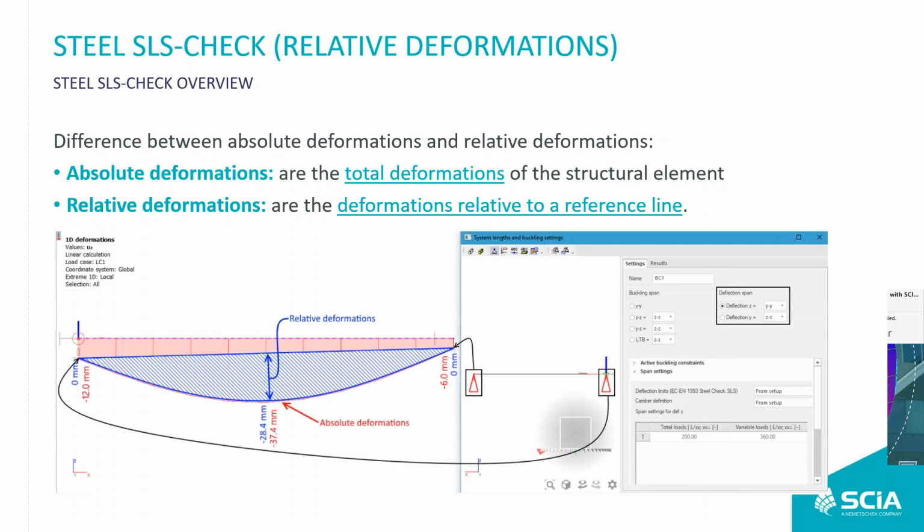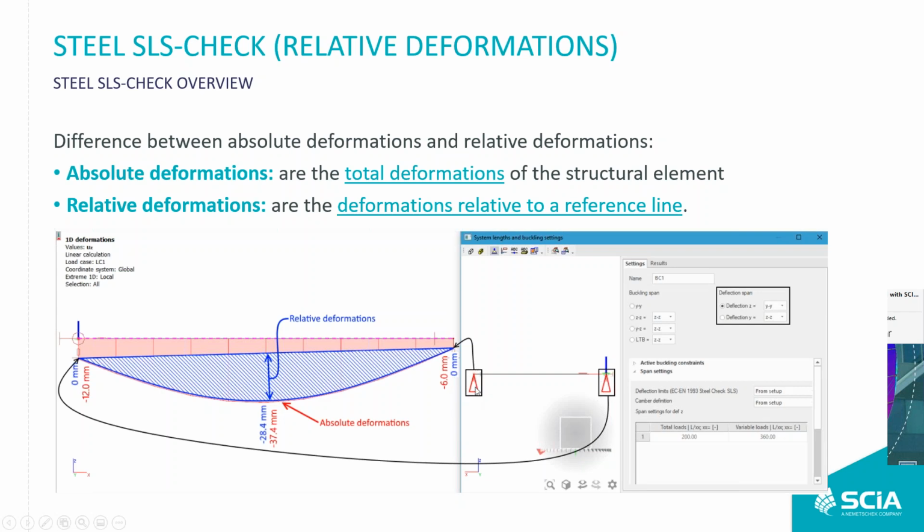So here we can see a beam in which I compare the absolute deformations, the red one, with the blue relative deformations. You can see that between the red triangles on this dialog, in which you define your beam imperfections, but also your deflection span, these red triangles are a solid line.